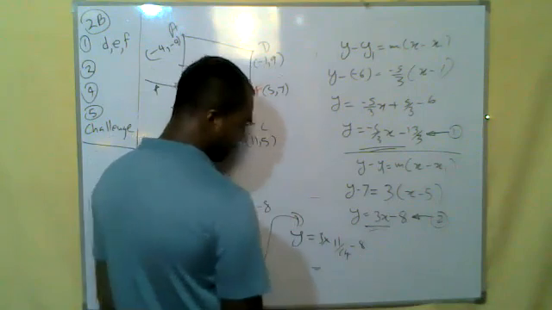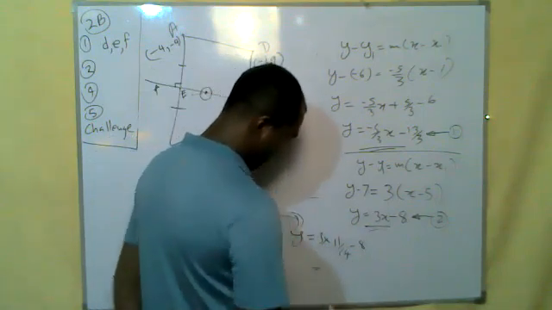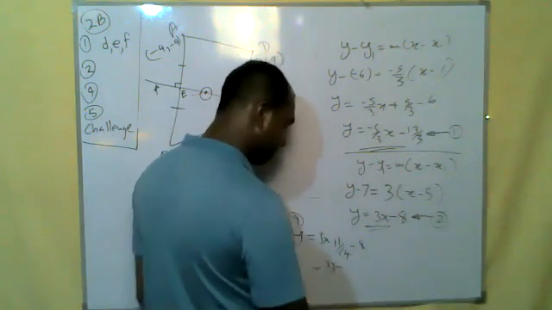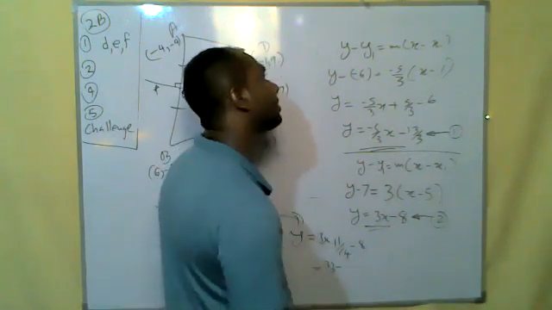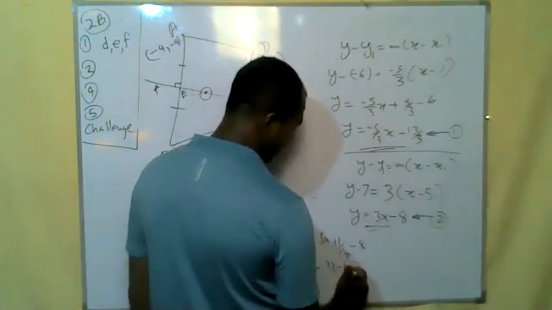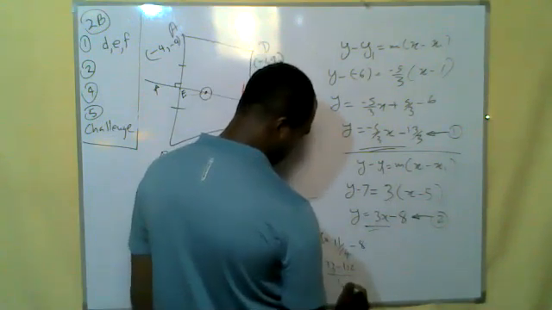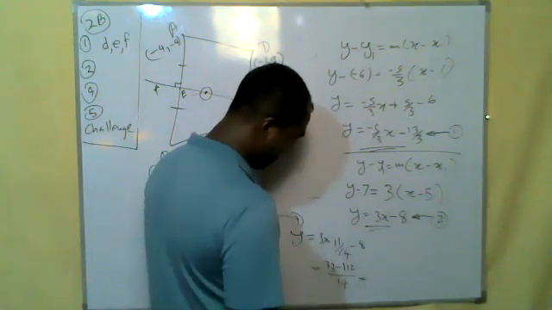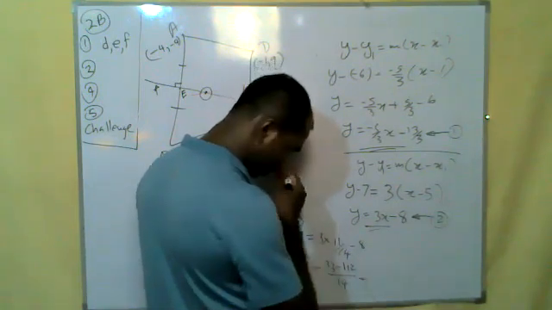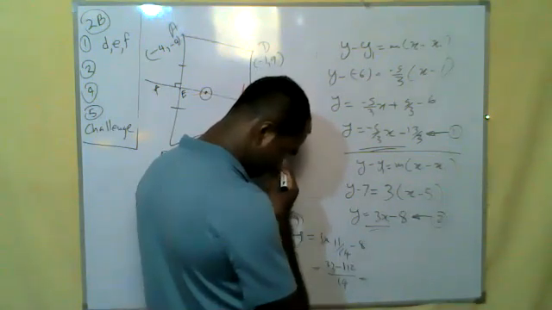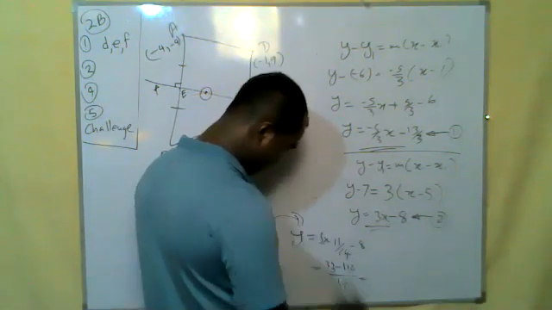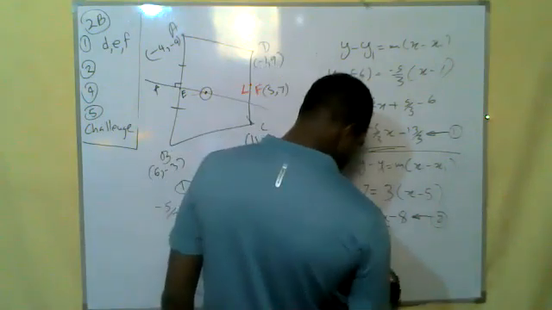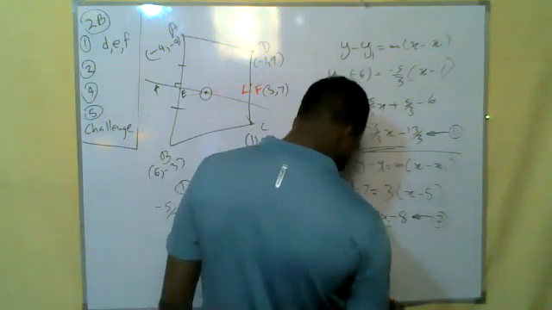So all you will have is 33 minus a big value, no? 112 minus 33. It's minus 81 over 14.